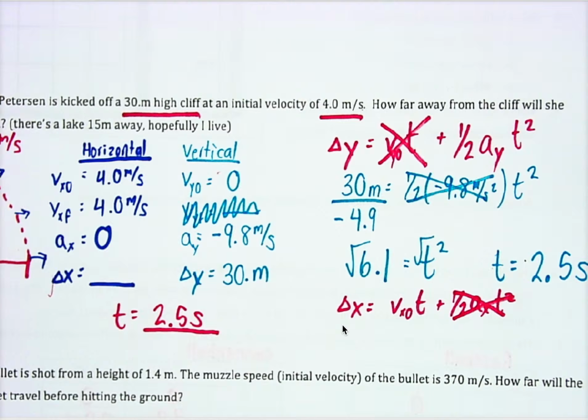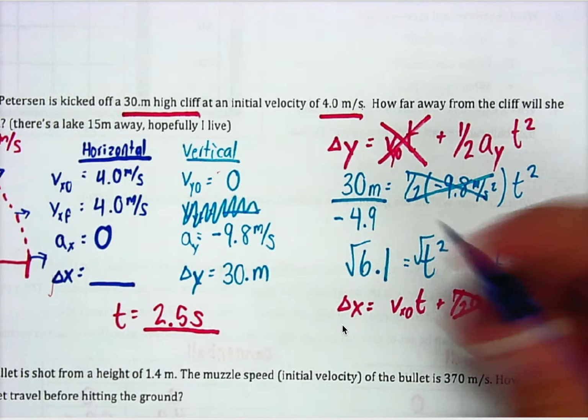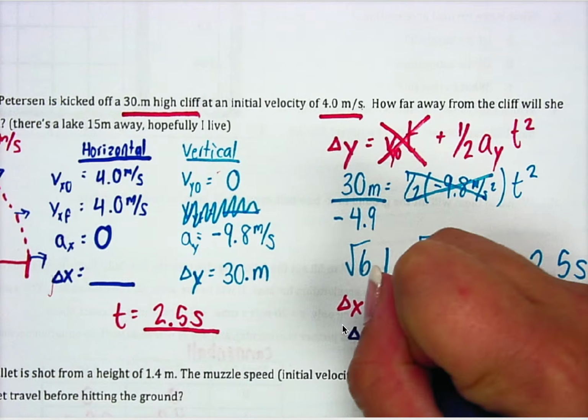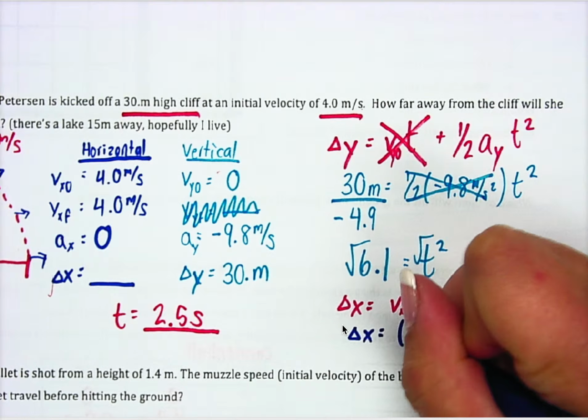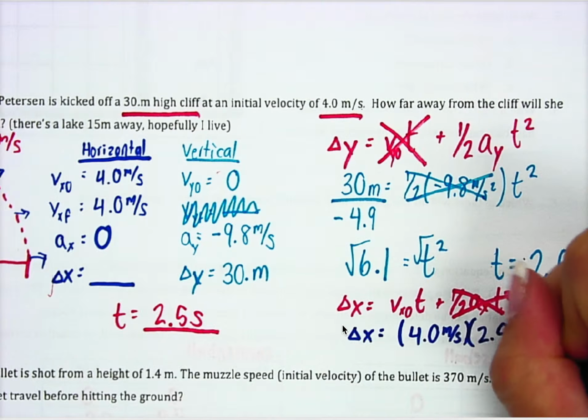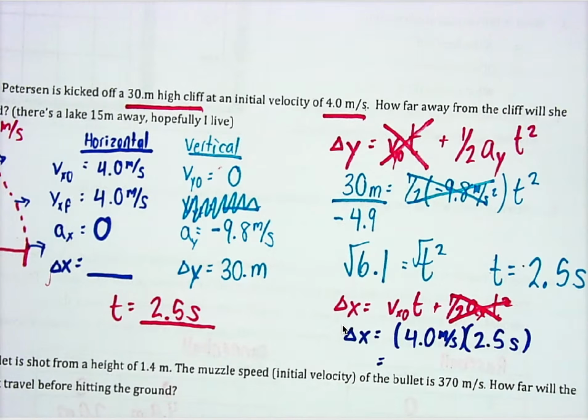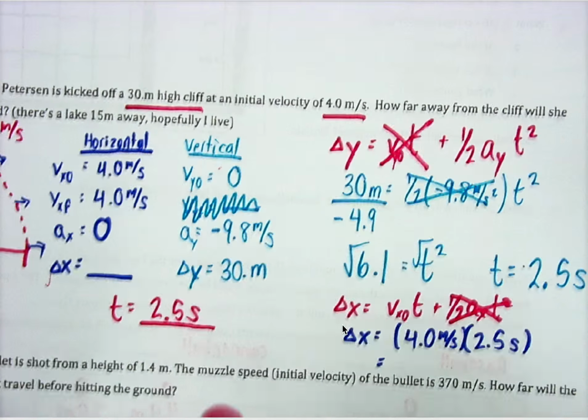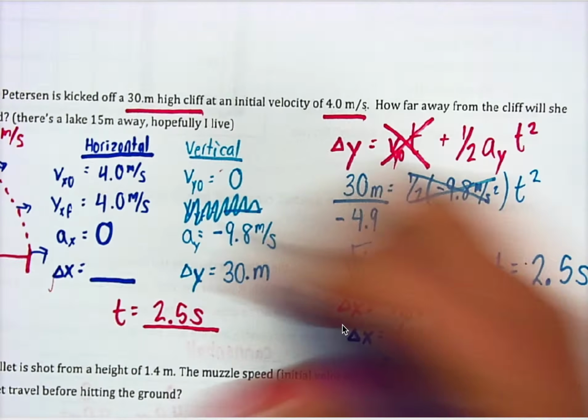One of our basic equations since there's no acceleration. So delta x equals velocity, which is 4.0 meters per second, times the time, 2.5 seconds. And I get 10 meters.